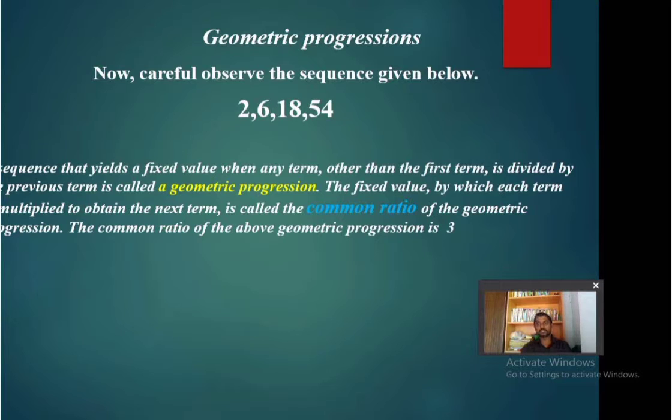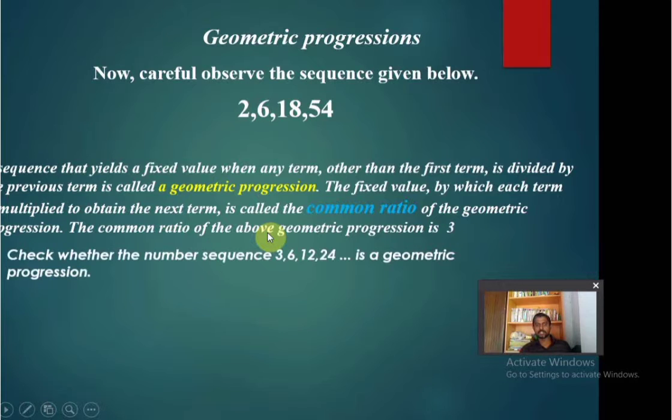The fixed value by which each term is multiplied to obtain the next term is called the common ratio. In this progression, the common ratio is 3.